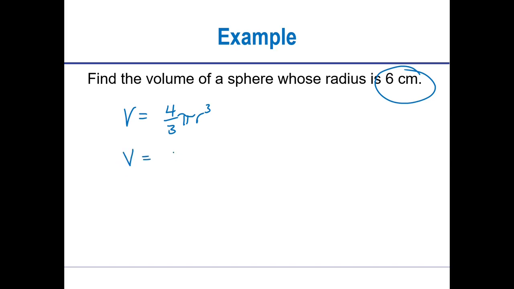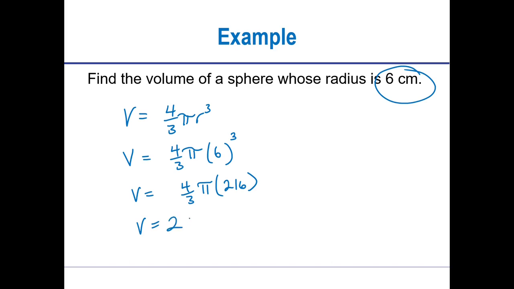So the volume is equal to 4/3 pi times 6 cubed, which is 216. This simplifies to 288 pi centimeters cubed. The volume of our sphere is 288 pi centimeters cubed.